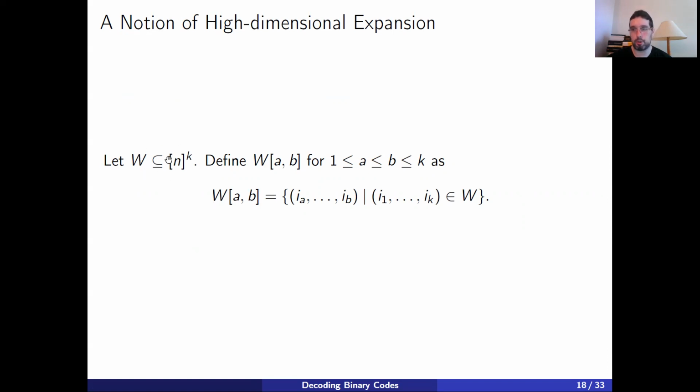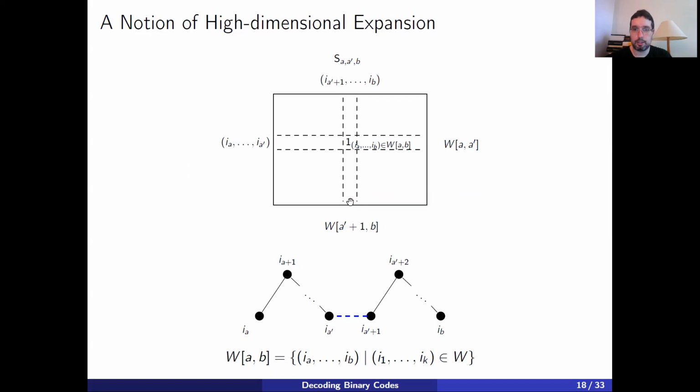So suppose that we have the collection of all walks, here W, and we are going to look at a segment between A and B. We have two indices between 1 and K, and then you're going to look at this segment. You're going to look at the restriction of the tuples from i_A all the way to i_B. So this defines the set W_AB, and we can define a natural operator now with this notation.